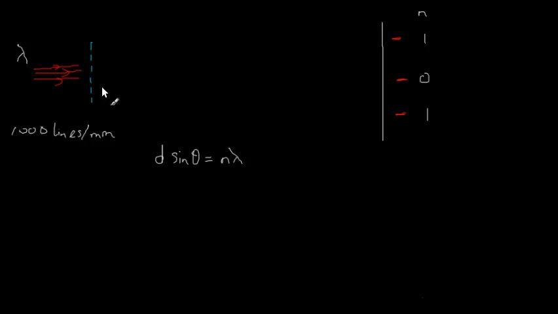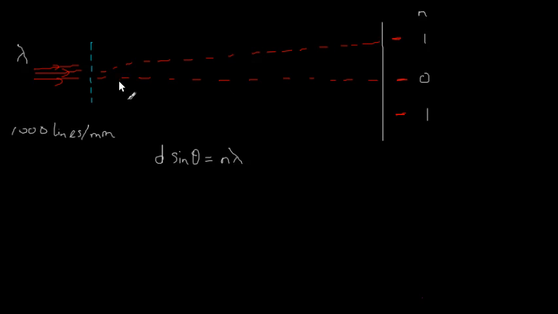So imagine that we have set up this experiment with the grating on one side, the screen on the other side. We'll have to measure the angle between the straight line that goes directly from the grating to the center fringe, and another straight line that goes to the first fringe.